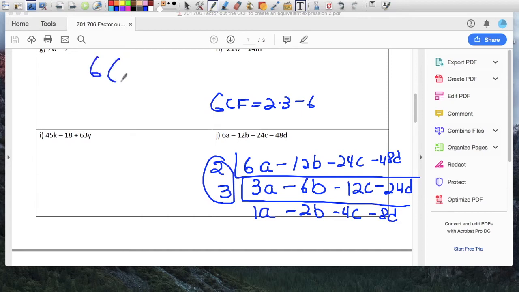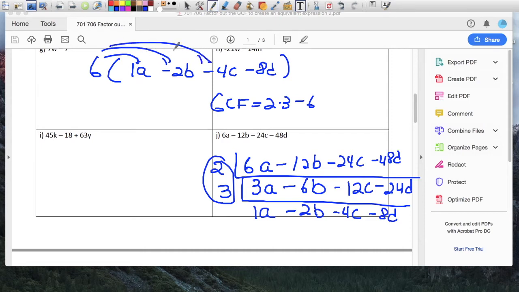We're going to get 6 times A, minus 2B, minus 4C, minus 8D, and you can always check. 6 times 1 is 6, 6 times 2 is 12, 6 times 4 is 24, 6 times 8 is 48. So, check.